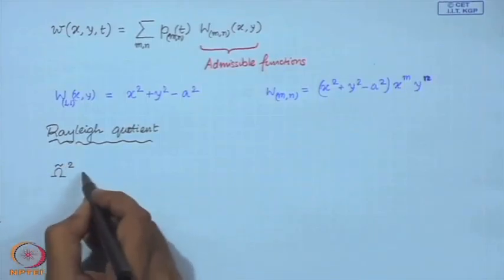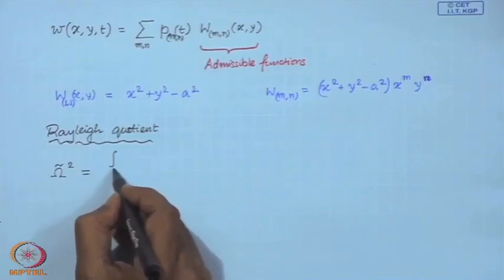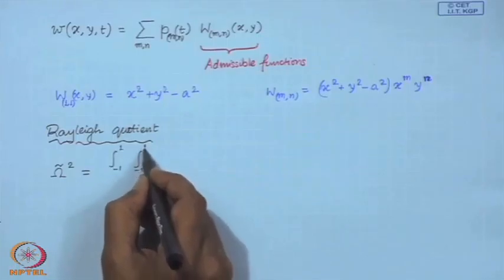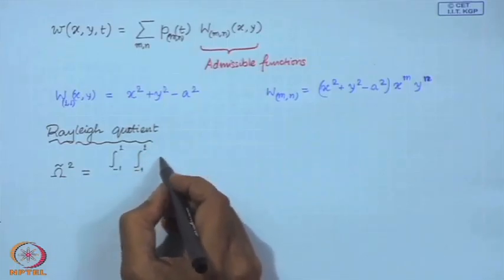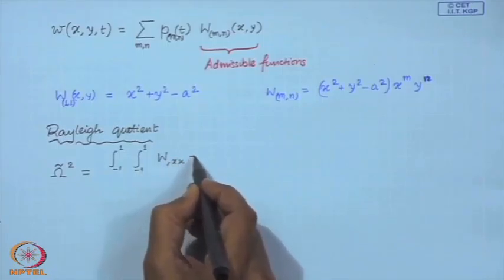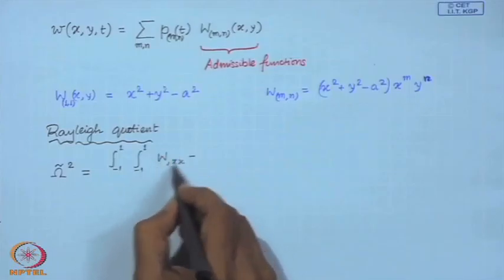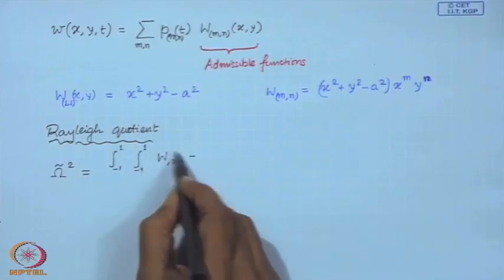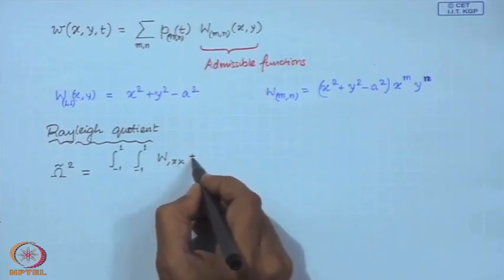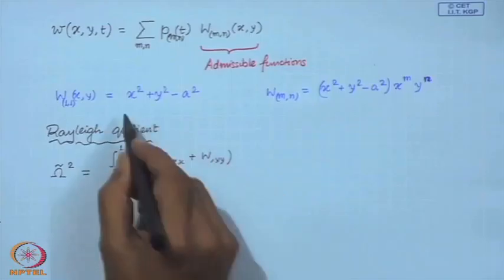The non-dimensional frequency square then turns out to be, with this assumed eigenfunction for the fundamental mode, which we are assuming in this form.